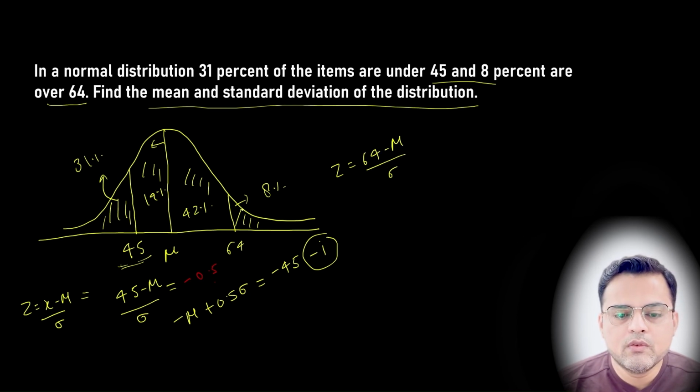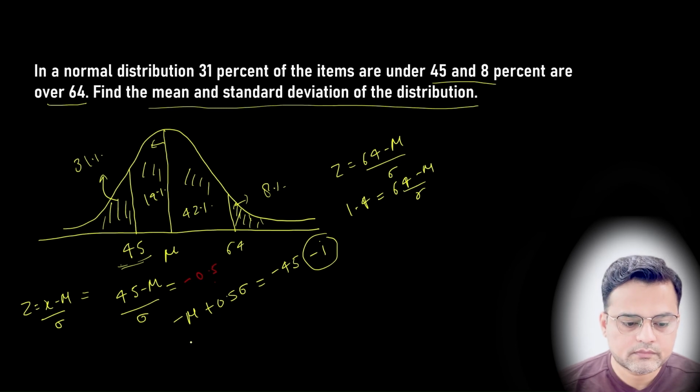So the z value where the area under the curve is 8% will be 1.4. So 1.4 is equal to 64 minus mu upon sigma. If you solve this, it will be minus mu minus 1.4 sigma is equal to minus 64. This is the second equation.